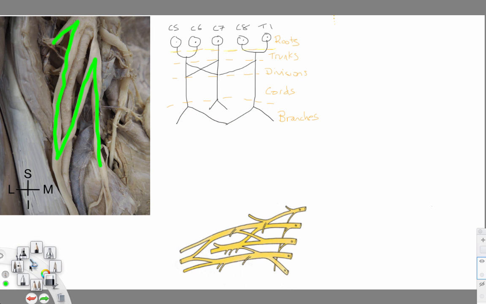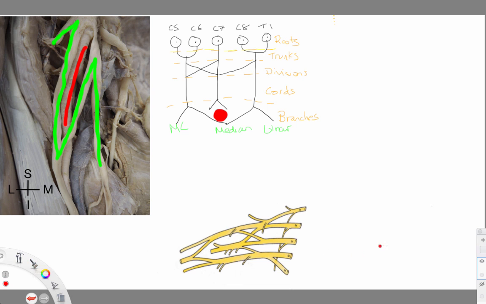We can call these branches our musculocutaneous on the lateral side and our ulnar on the medial side, and right in the center we have the median nerve. Now these structures are all sitting anterior to the axillary artery. This is our axillary artery here on this image. And if I drew it on our diagram, it's sat just here. Okay, so in the V of the median nerve.